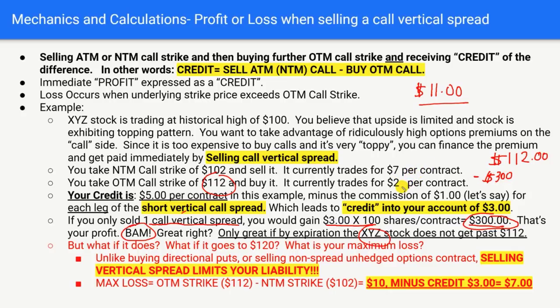You pay $2 for this, and then $7 here, so $5 of difference is really your risk. Your maximum loss will be calculated for you, but you need to learn to calculate this before you get in. Your max loss is $500 in your account.